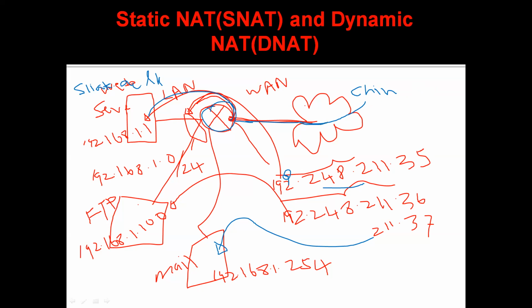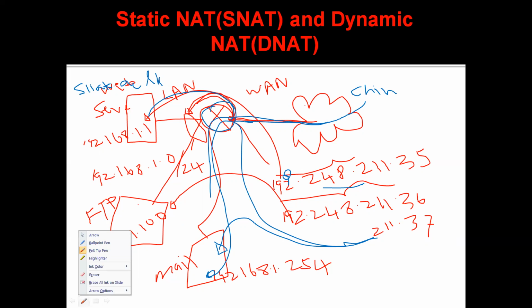This mail packet comes here, and the ac.lk mail server reads this public IP address and sends it to the mail server. After that, the mail server distributes the mail to our mailbox, right? Like this. This is static NAT.